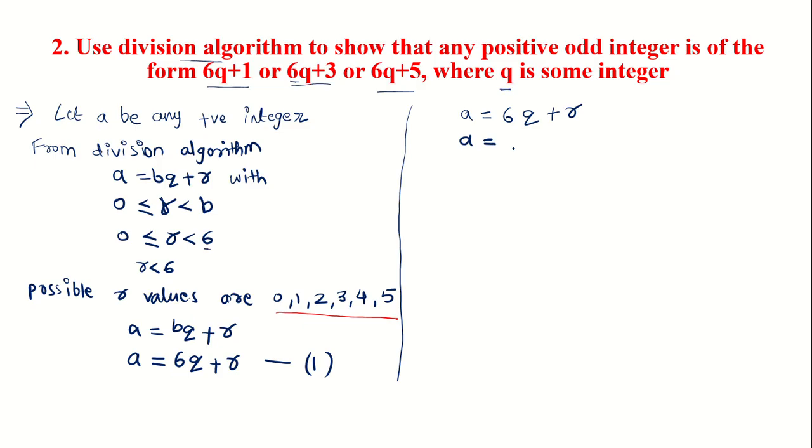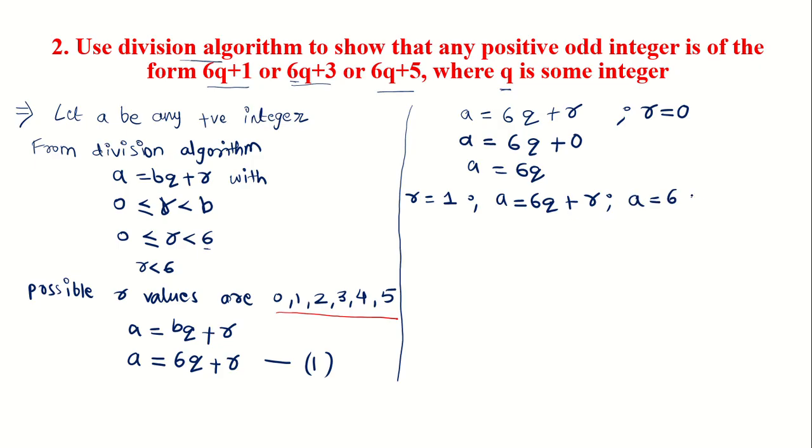First, when r equals 0, substitute r equals 0. So what you'll get? a equals 6q. Next, take r equals 1. So a equals 6q plus r. Substitute r equals 1 in this equation. So it will be 6q plus, what is the value of r? That is 1.